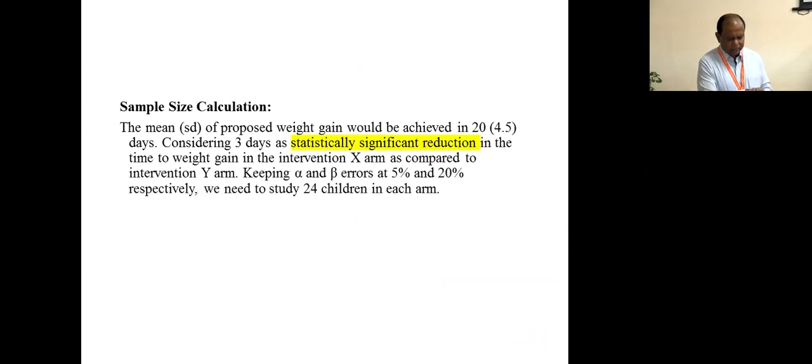Look at the sample size calculation which they did. The mean SD, the proposed weight gain would be achieved in 20 days, considering 3 days as a statistically significant reduction. Can you see this one? So that means one arm, the WHO formula powder, will have less time to gain this weight.